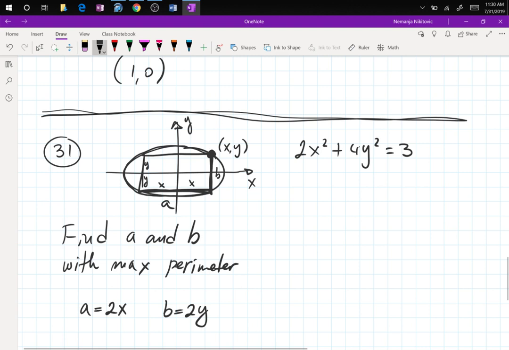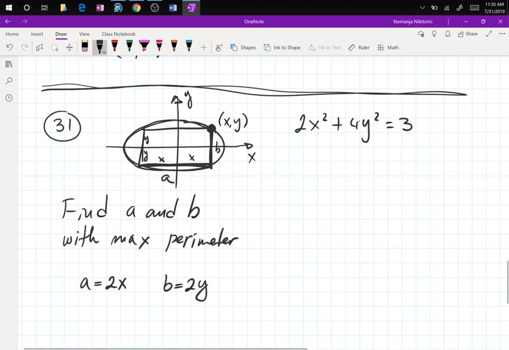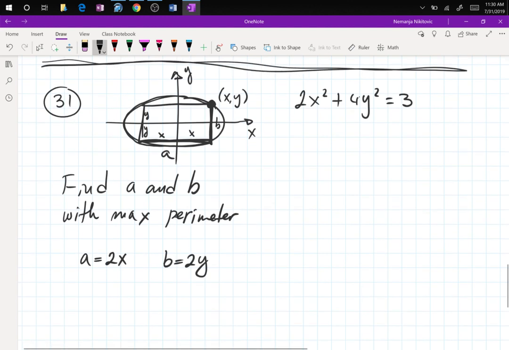So I'm trying to maximize the perimeter of the rectangle. So what I need is 2A plus 2B to be max. And that's your objective equation. Now you have that A is 2x, so that's 4x plus 4y needs to be max.